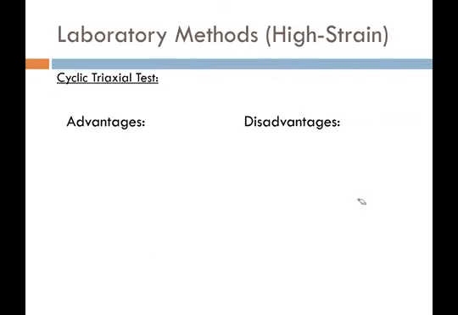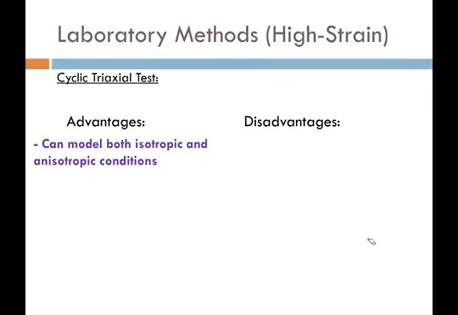Some advantages and disadvantages of this test. In terms of advantages, we can use the triaxial cell to model isotropic soil conditions. You recall that K, when we talk about lateral earth pressures, is the ratio of the horizontal stress to the vertical stress.